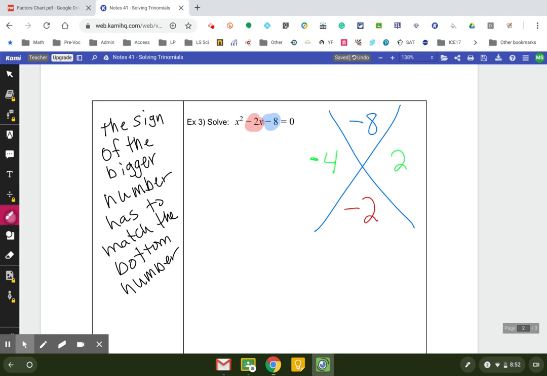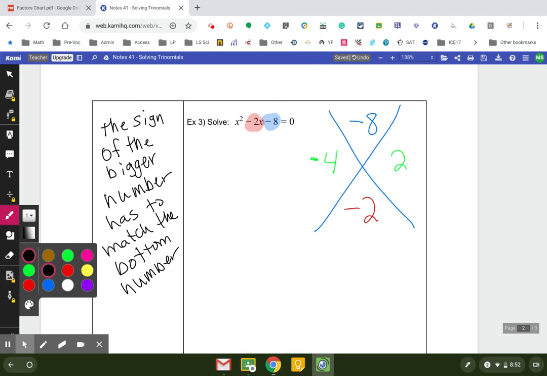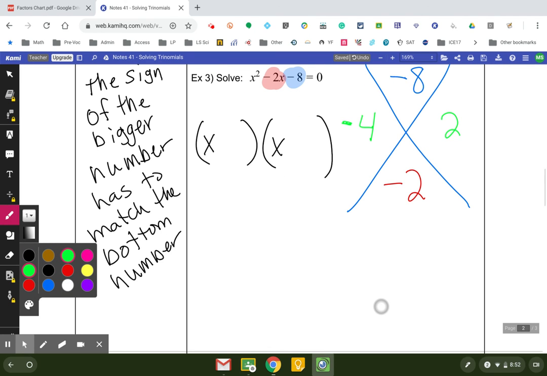All right, and then you're going to drop that into parentheses. So I have a set of parentheses, right? And since x always goes in front, I plug my factors in. So I have x minus 4 times x plus 2. And I can't lose, in this case, the equals 0. Okay? So now this is just like the example we did above.